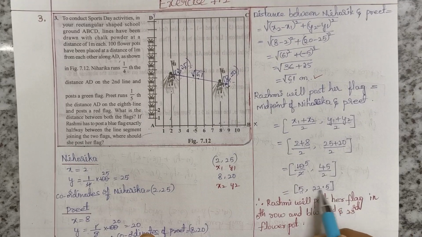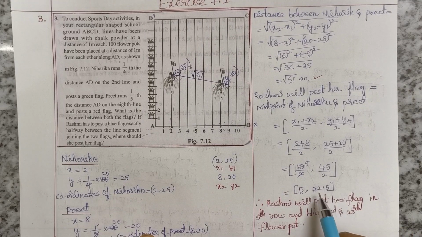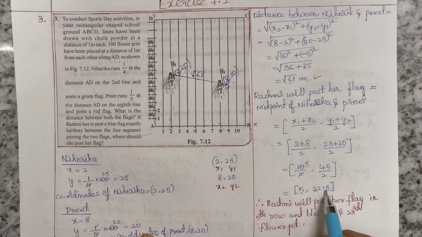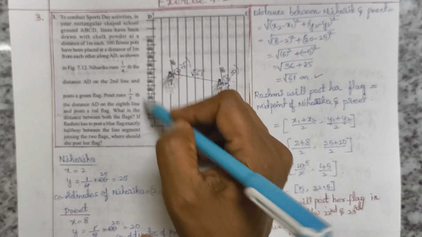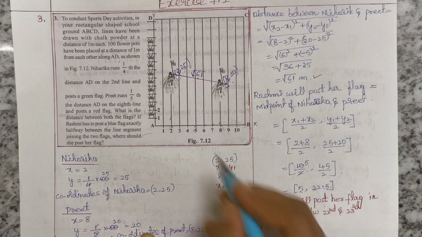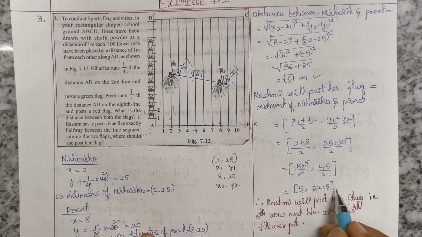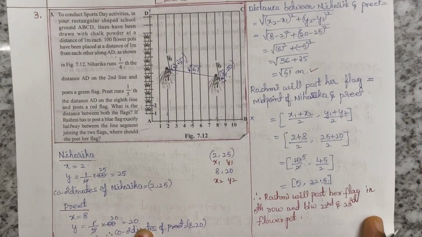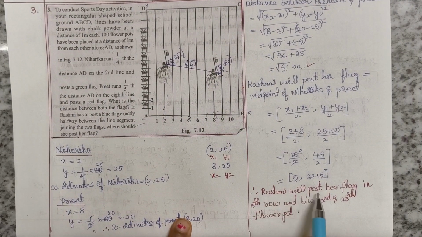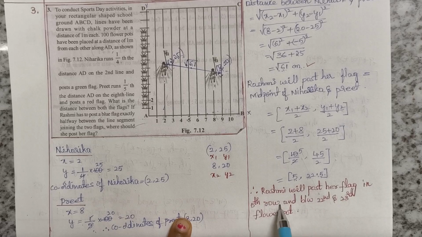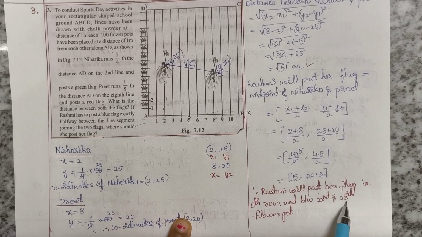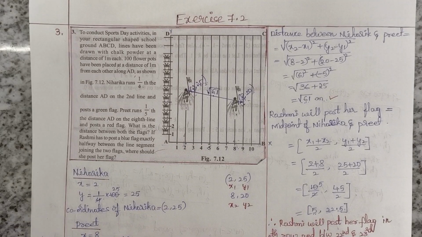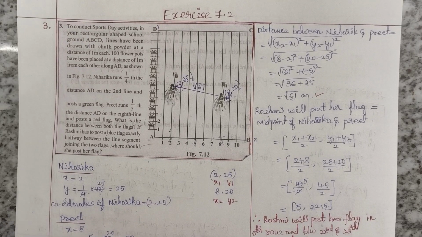And 22.5 means between the 22nd and 23rd part, in the middle. So the fifth row, between the 22nd and 23rd, she will post her flag. So you write the sentence also: Rashmi will post her flag in the fifth row between the 22nd and 23rd flower plot is the answer. So simple, this question looks this big, but it is nothing.